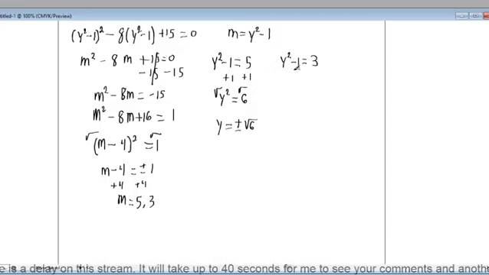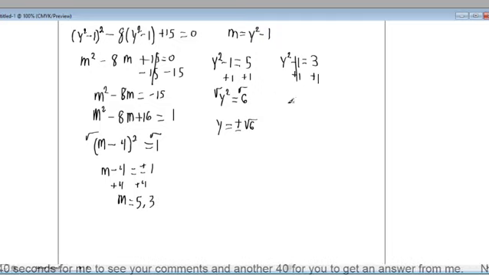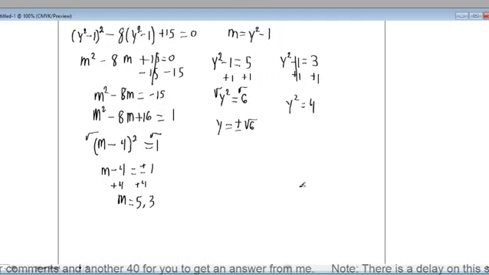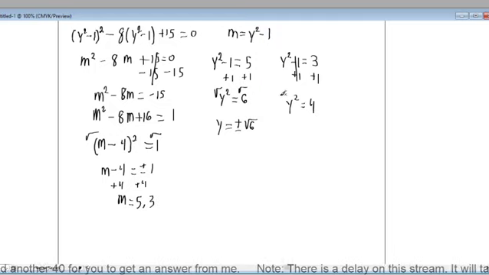Same idea here. We're going to add 1 to both sides. So that'll cancel here, leaving us with y squared equals 4. Sorry about that. Then take the square root of both sides.